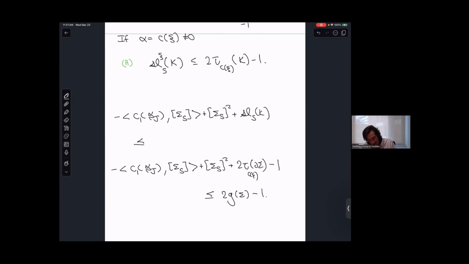Now, on the other hand, the adjunction formula or the genus formula that we proved, just using characteristic classes, says that this is equal to twice the genus of sigma minus 1.